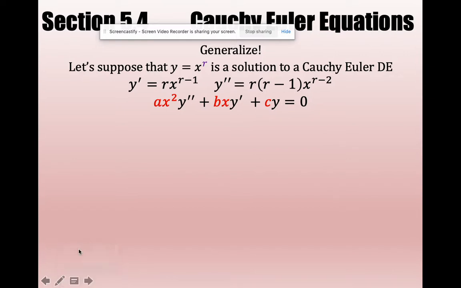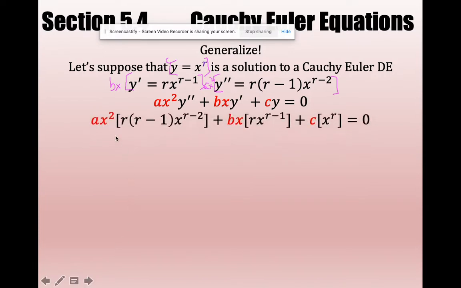So what do I need to do? I'm going to multiply y prime by bx and y double prime by ax squared, and the original y by c. So ax squared times the second derivative plus bx times the first derivative plus c times the original.